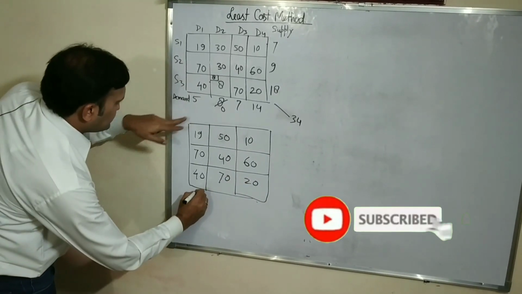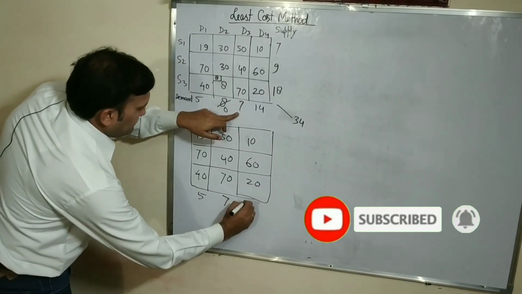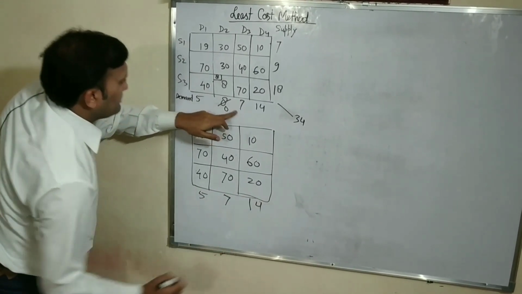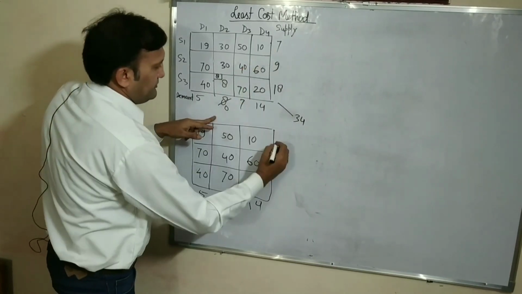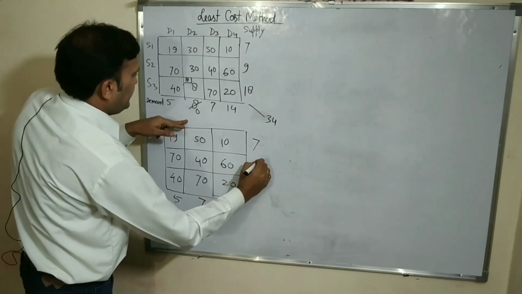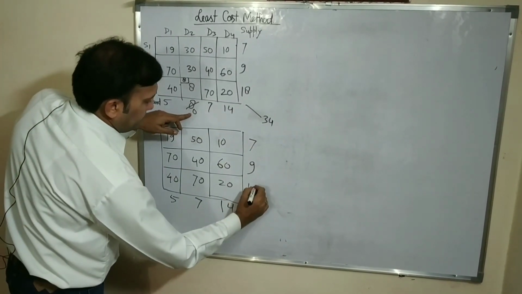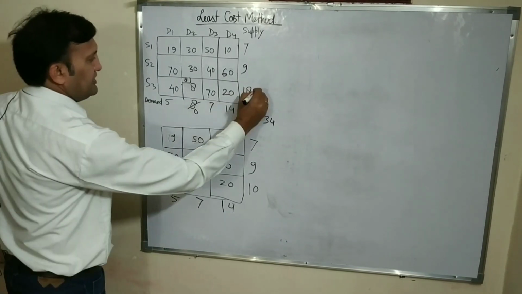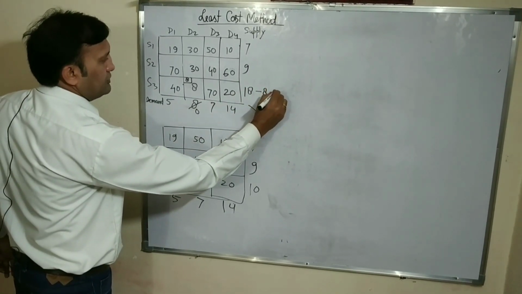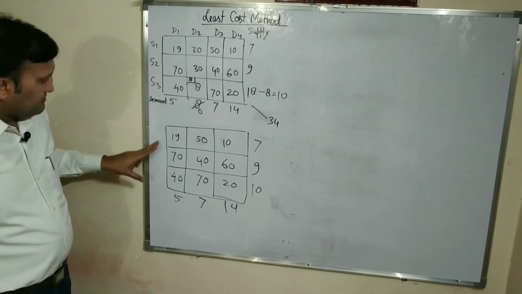Now we are going to write the demand side, so it will be 5, this will be 7, and this will be 14. From the supply side it will be 7, it will be 9, and this will be 10, because it will be 18 minus 8 is equal to 10. So this is our second matrix.